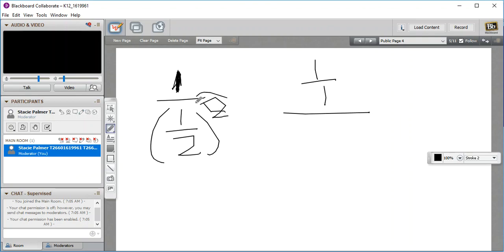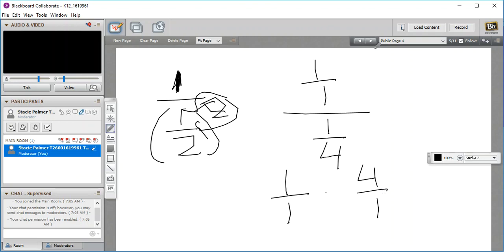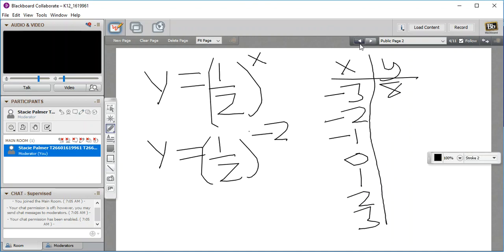The bottom of our fraction, we need to distribute this exponent to both of these. So 1 raised to the 2nd power is 1. 2 raised to the 2nd power is 4. And then to divide fractions, we're going to do 1 over 1 times 4 over 1, which is just a 4. Okay, so when the x is -2, the y is 4.